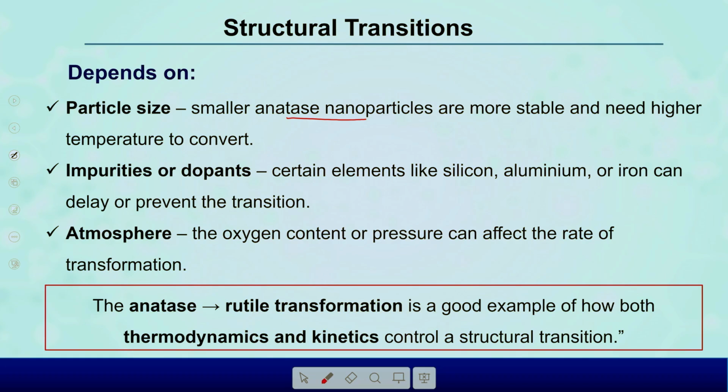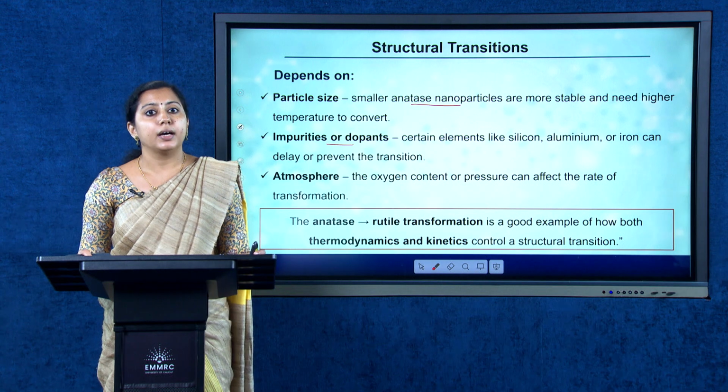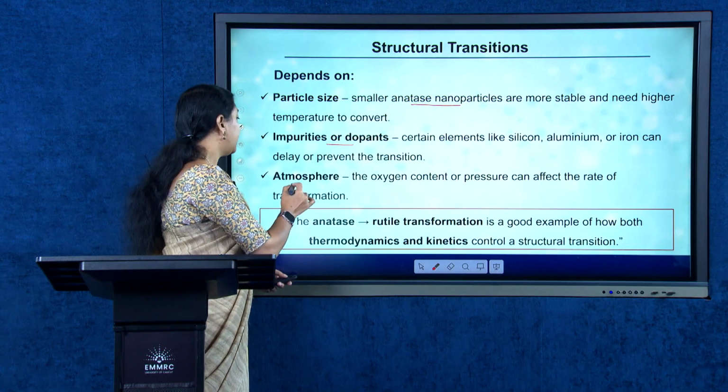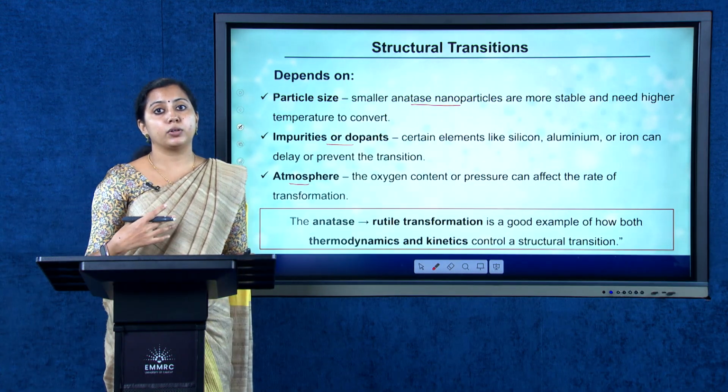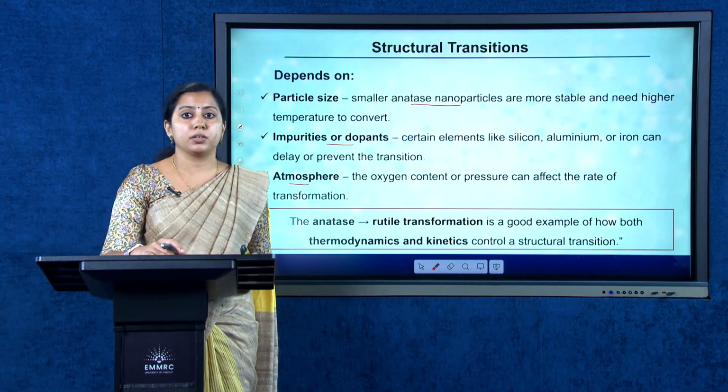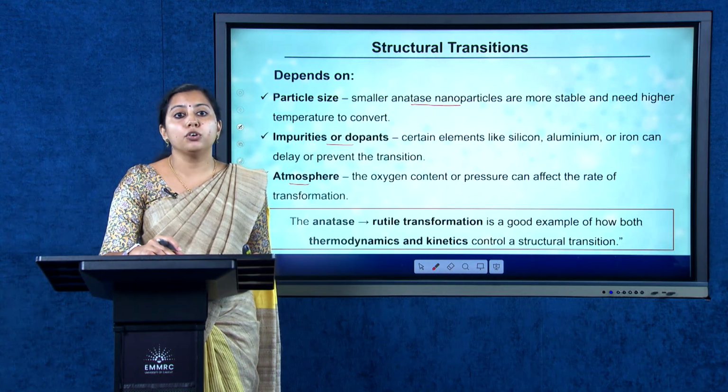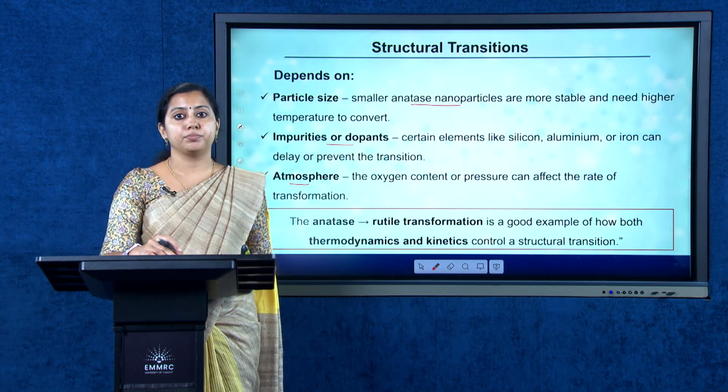Next is the impurities or dopants. When we add certain elements like silicon, aluminum, iron, etc., they can delay or prevent the structural transition. Another factor is the atmosphere, that is the oxygen content or the air content or pressure can affect the rate of transformation.